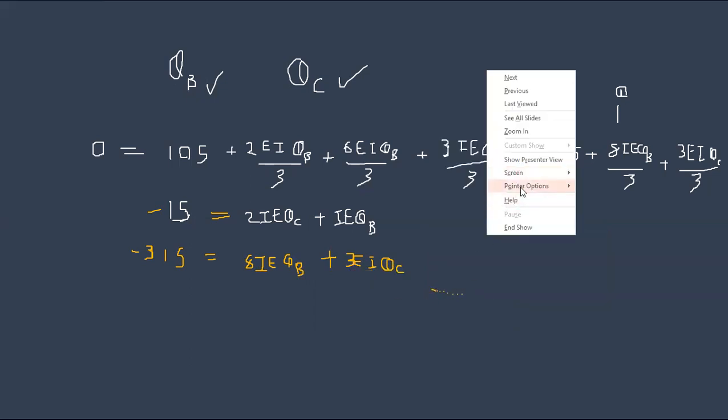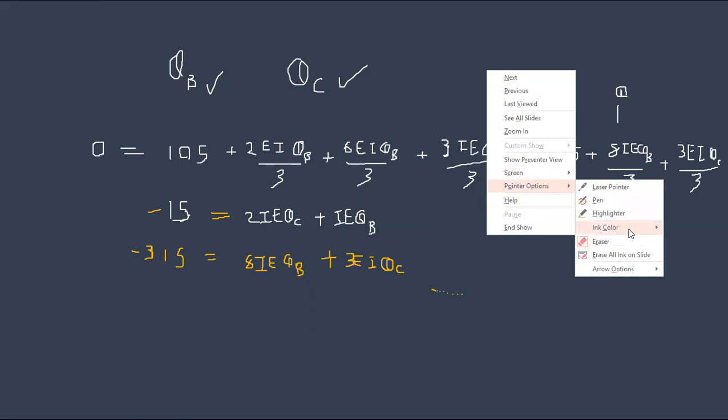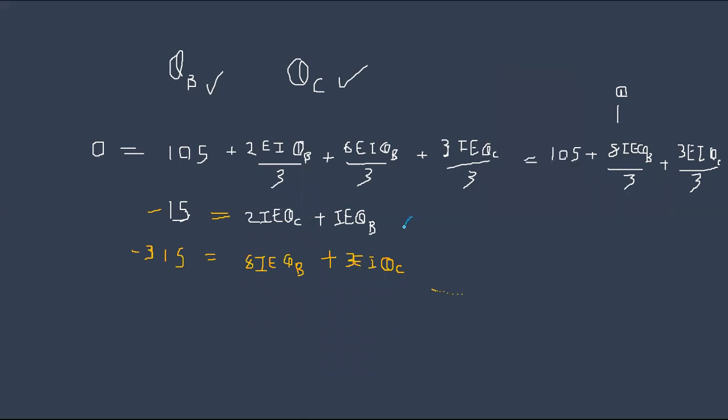Right. So the easiest way to solve is you can multiply the first equation by negative 8. Right, 15 into 8, so you multiply it by negative 8.